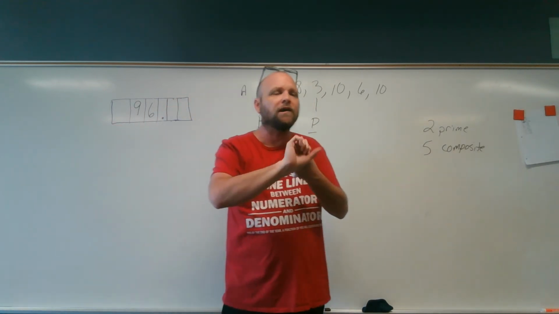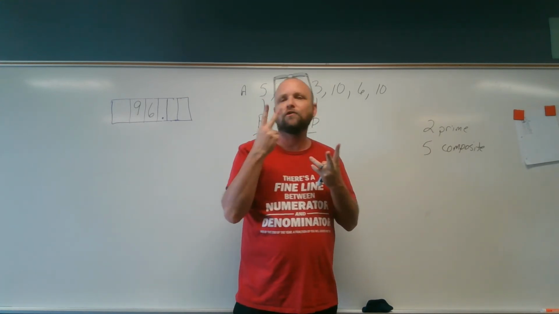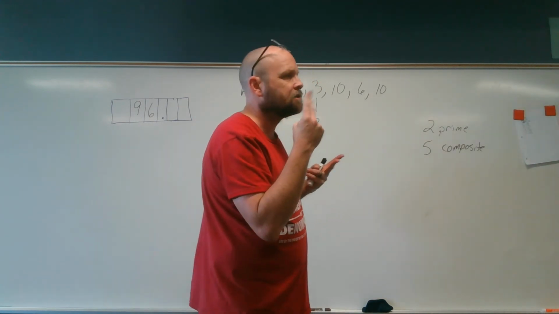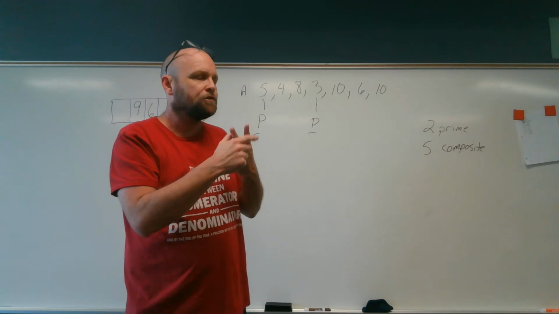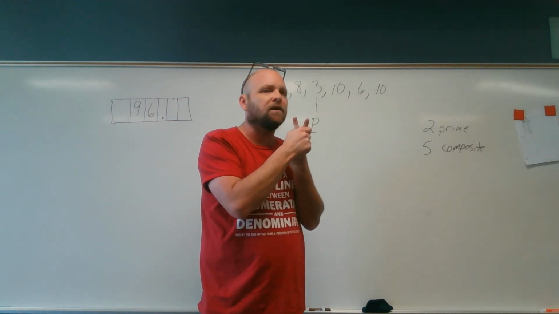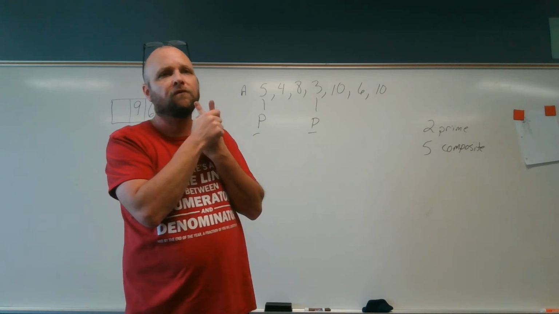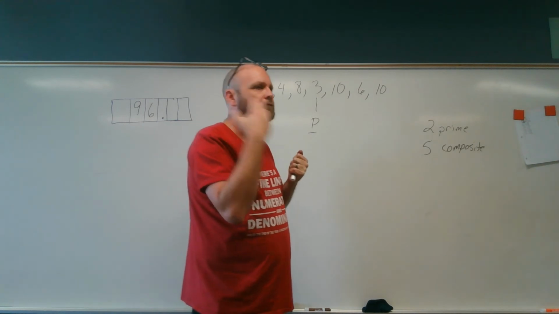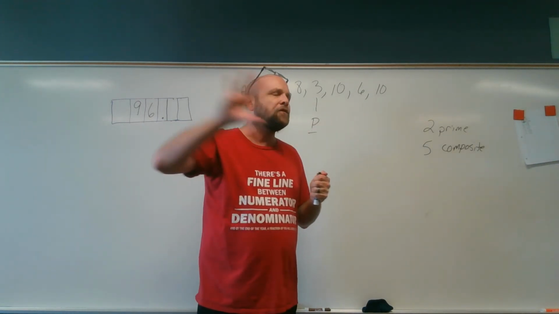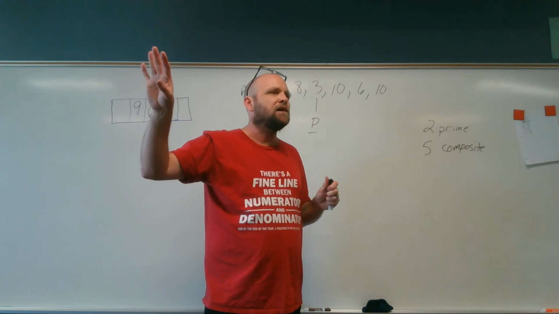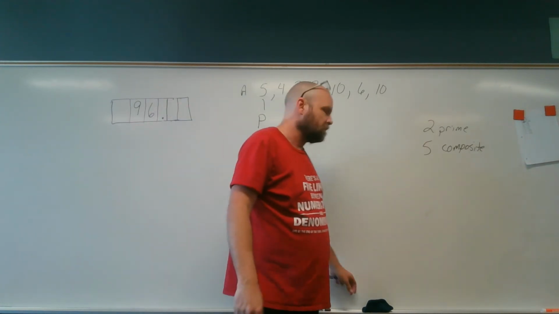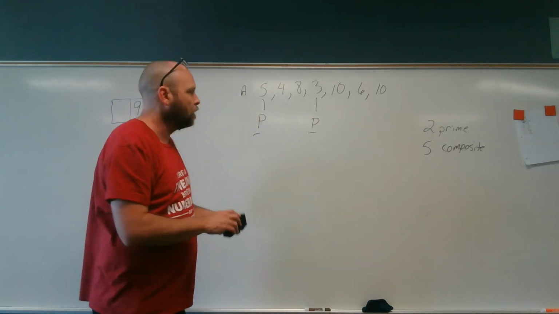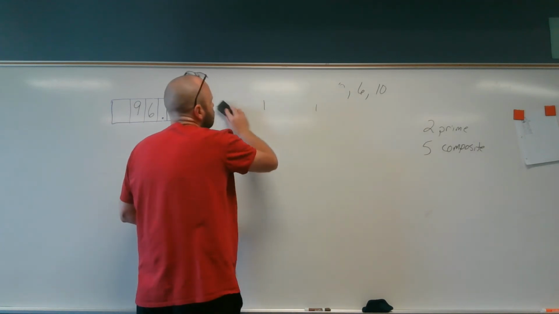My rule for 3 is if the digits add together, and we're only doing 2-digit numbers in 5th or 6th grade, if the 2 digits add up to a multiple of 3, 3, 6, 9, 12, 15, 18. And 5 is prime, but anything else that ends in a 5 or a 0 is not prime. And you need to know your multiples of 7. If you know your multiples of 7, the rule for 3, and what even numbers are, you should be fine.